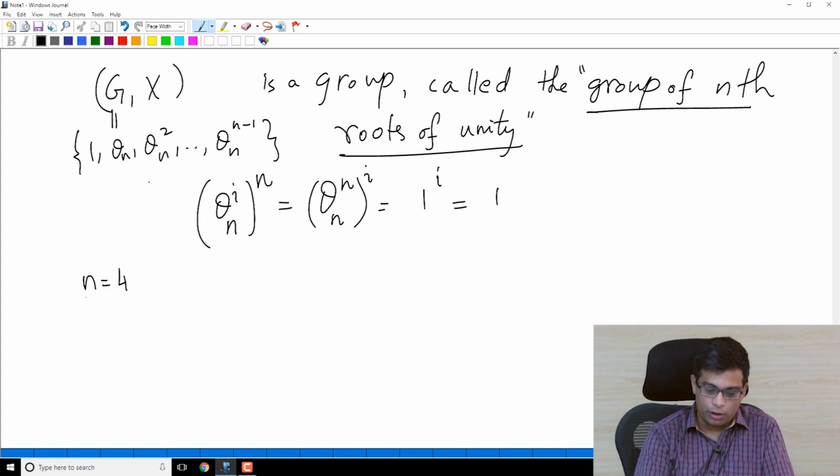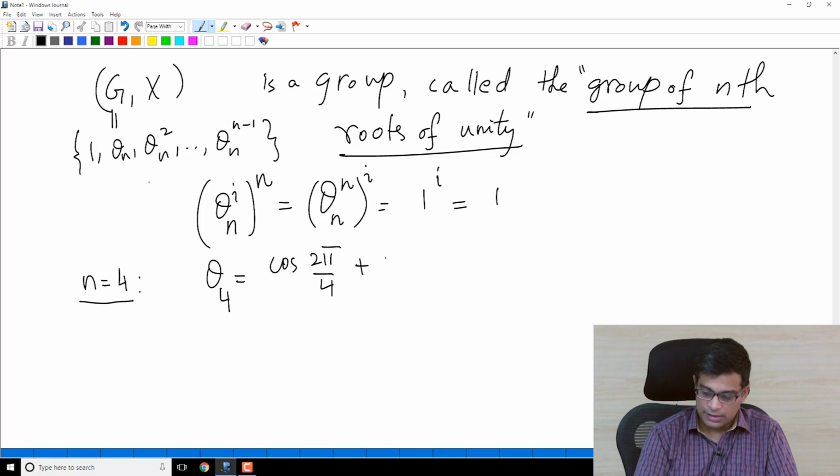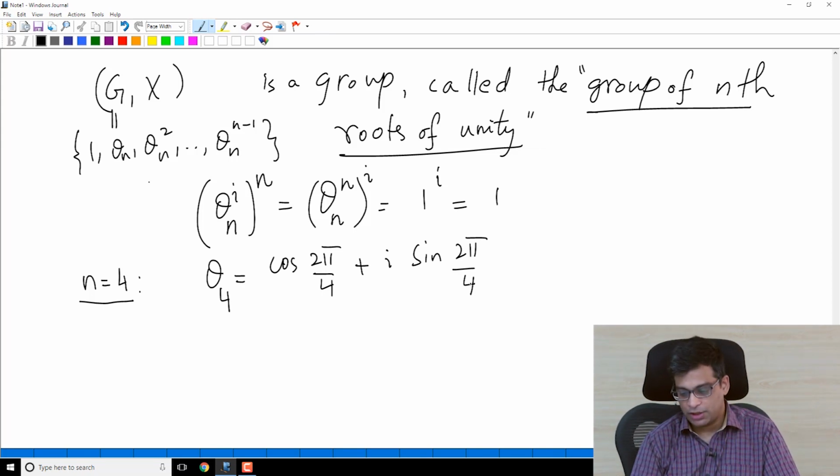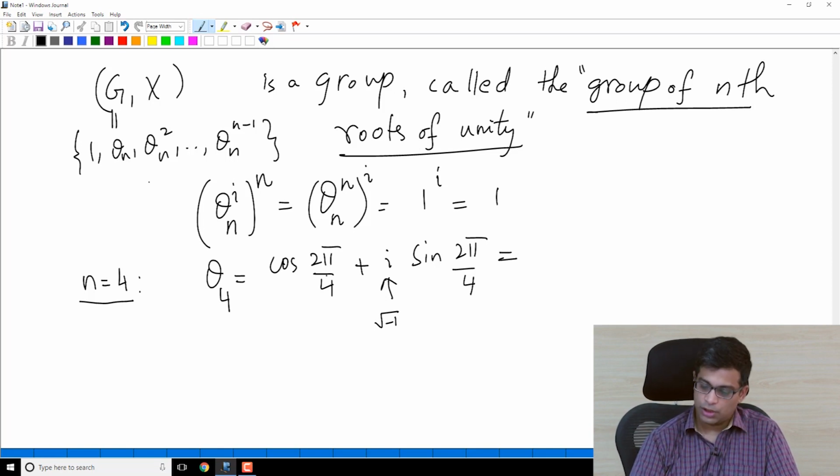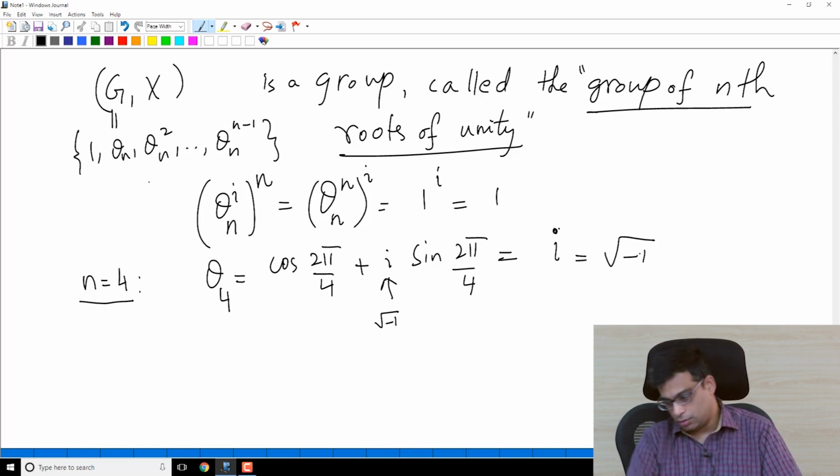A familiar example that you all know is if you take n equal to 4. Remember, theta 4 is cosine 2 pi by 4 plus i sine 2 pi by 4. My notation is a bit confusing, I realize now. Here i refers to the square root of minus 1, whereas here i is just an index. What is cosine 2 pi by 4? That is cosine pi by 2, which is 0, so this is simply i. So theta 4 is the primitive fourth root of unity, which is i. So, what is G?